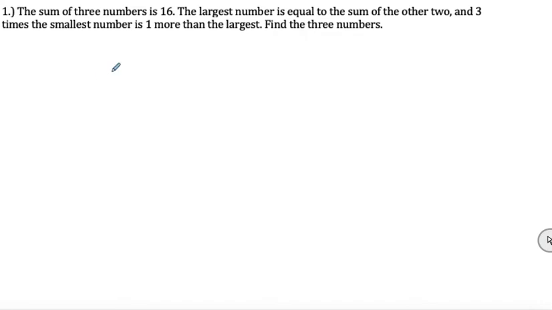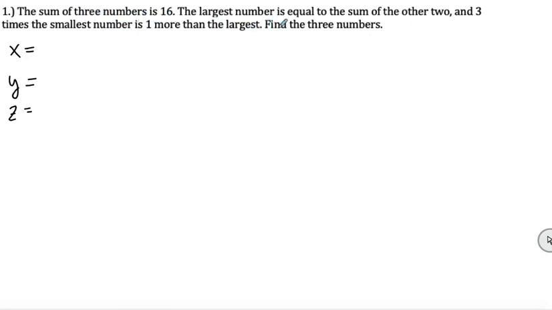Okay, so first of all, if I want to define my 3 variables, again, I'm going to use x, y, and z. Okay, and if I read this problem, number 1, it says the sum of the 3 numbers is 16. The largest number is equal to the sum of the other 2, and 3 times the smallest number is 1 more than the largest.